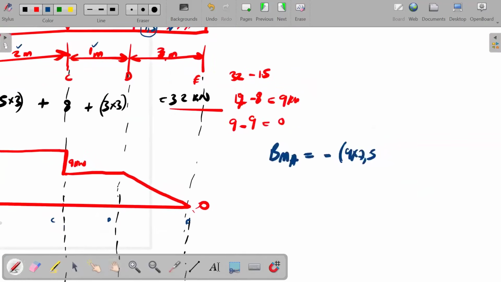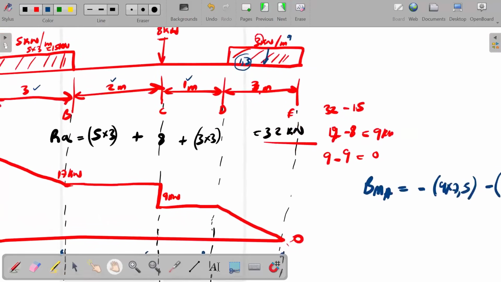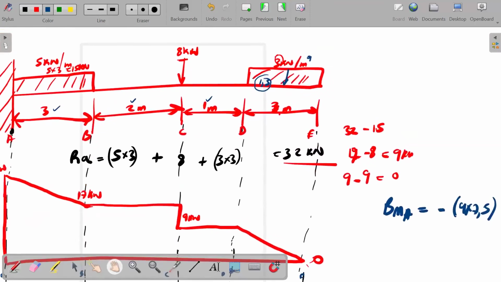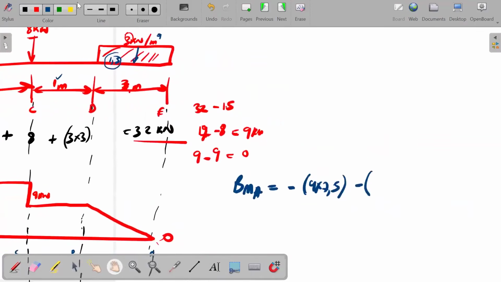So we have 9 multiplied by 7.5, minus, we go to 8. How far is 8 from A there? We see that there is 5 meters, 2 plus 3, it's 5 meters. So it's going to give us 8 multiplied by 5.